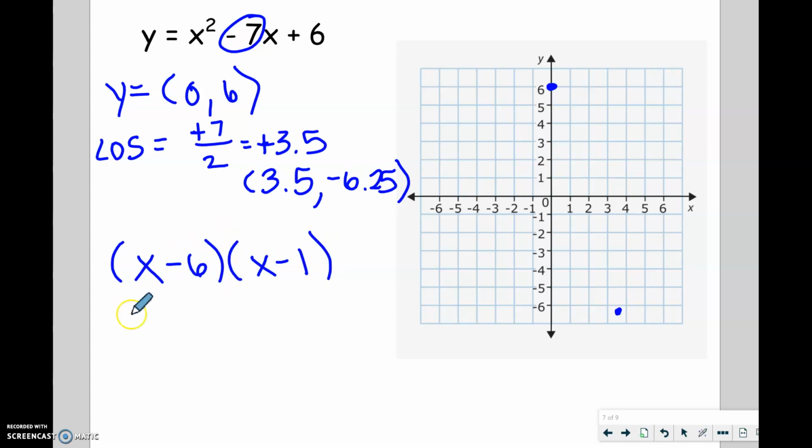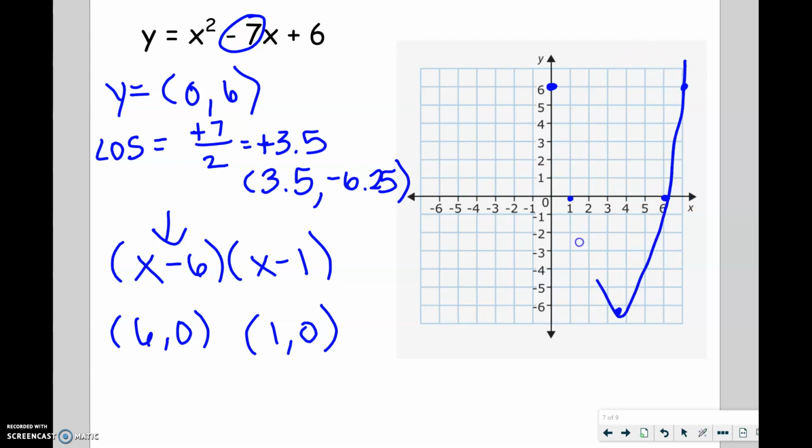So my two zero values are going to be: 6 would make this one 0, so (6, 0), and then (1, 0) would make that one. So let's plot those. Here's 1 and here's 6. And then I would be able to see one more of these points right there. Here's my parabola. There you go.